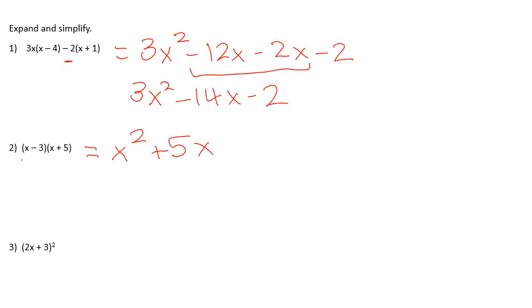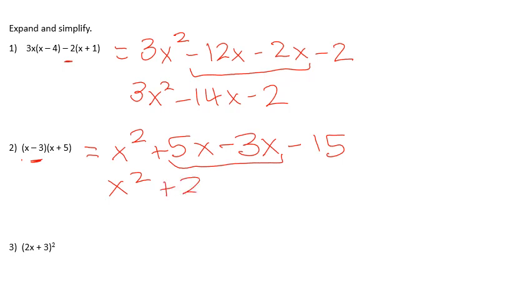Then I'm going to come back and pick up the 3, and again I'm going to see that as negative 3 right there. See the negative that I'm distributing? Negative 3 times x is negative 3x, and negative 3 times positive 5 is negative 15. Again, x squared, and I'm combining like terms here in the middle. Positive 5x and negative 3x leaves me with positive 2x, and subtract 15.